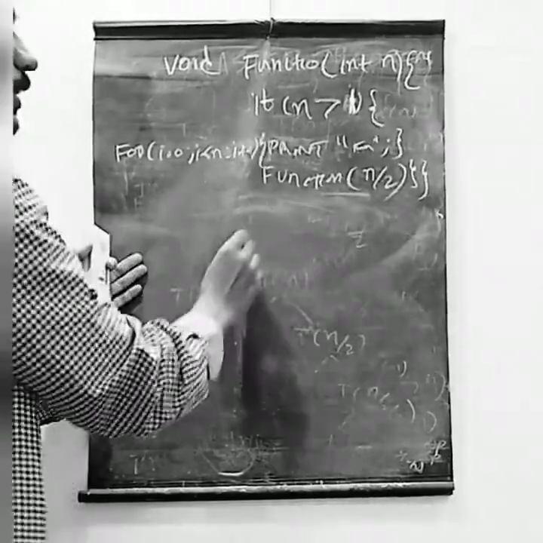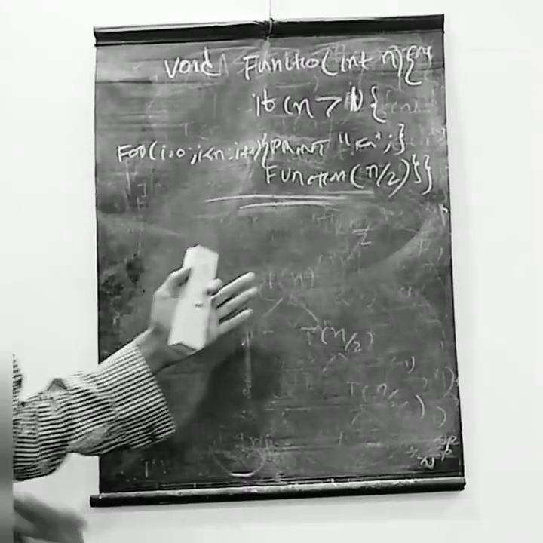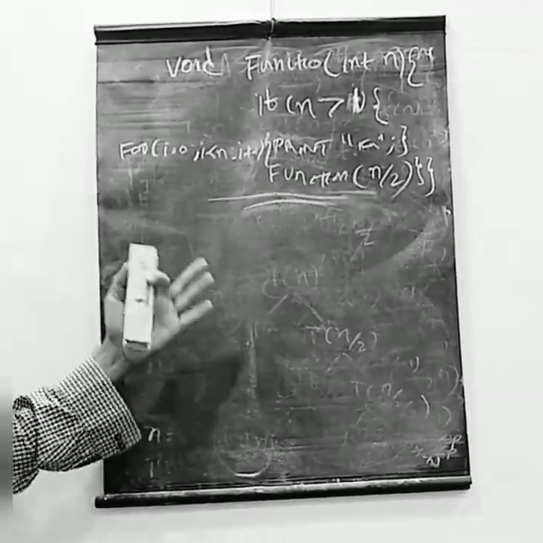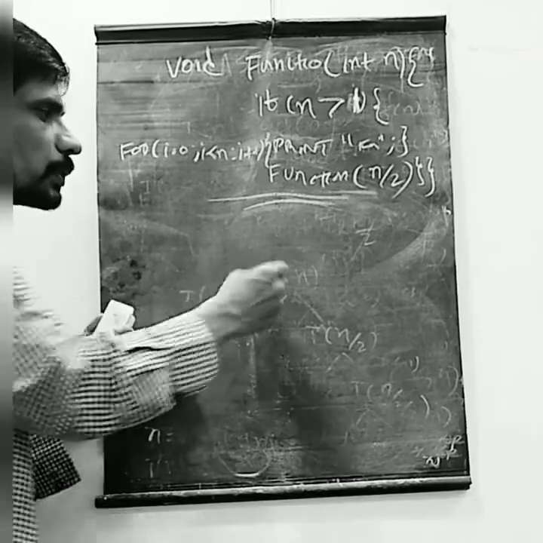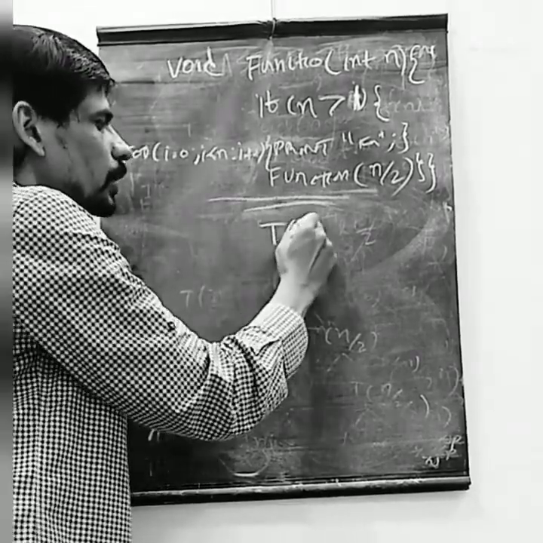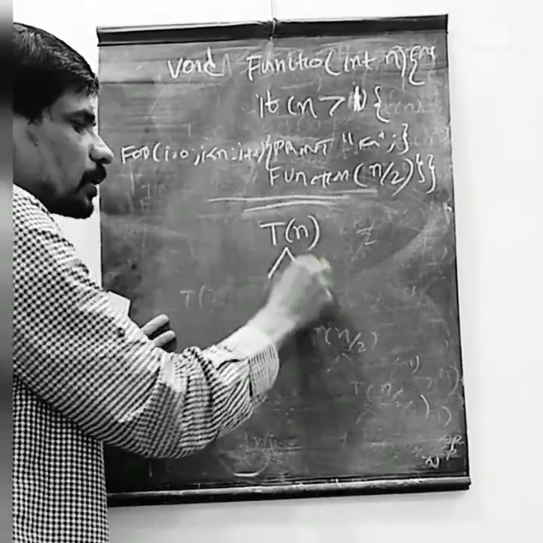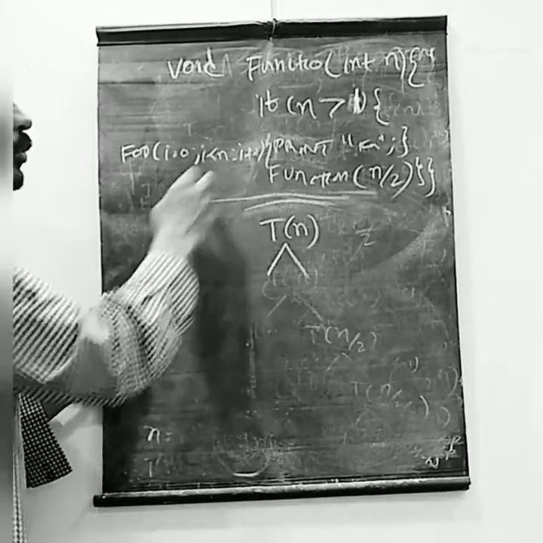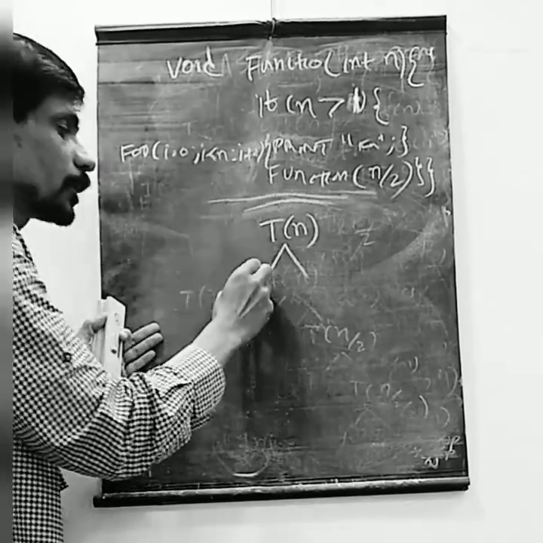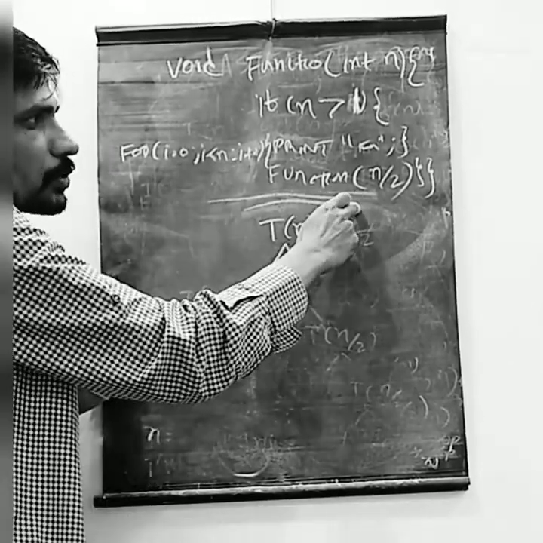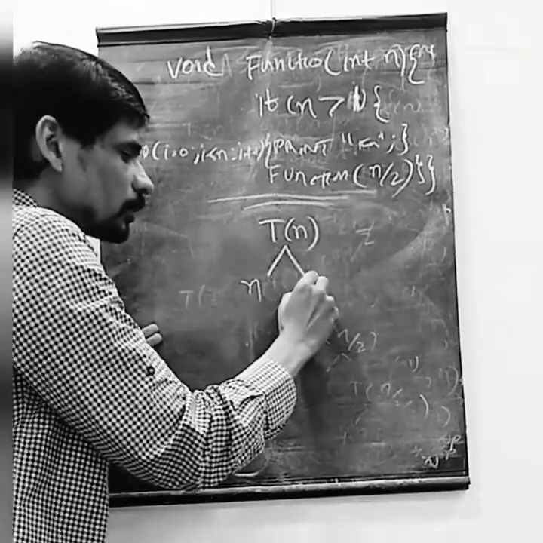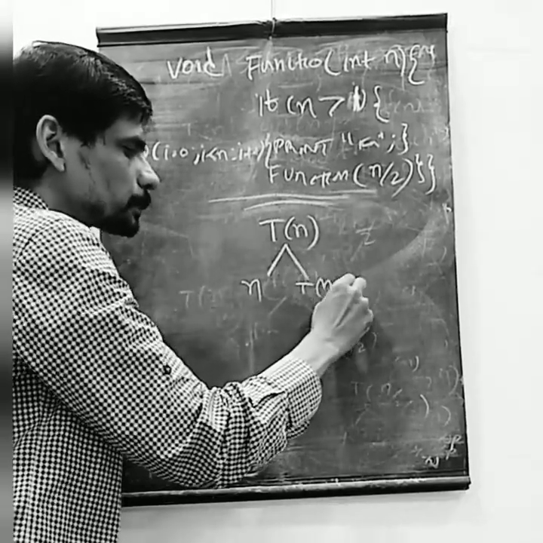So we change the for loop. What will be the complexity of this program? T of n: I am printing n times, and after that I am calling myself with T of n by 2.